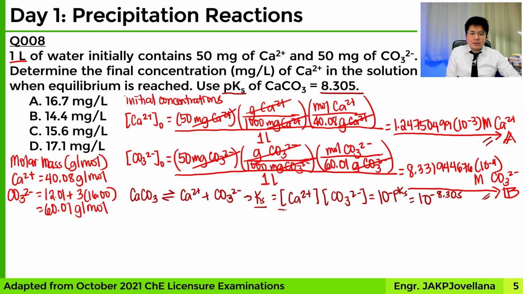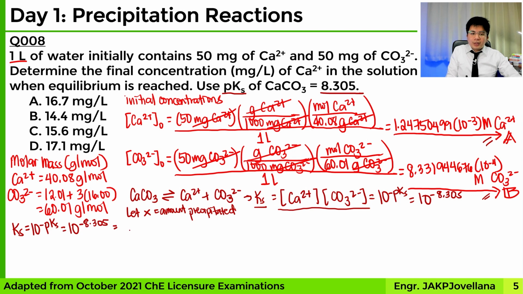We have calculated the initial concentrations of Ca2+ and CO3 2-. But in this expression, what we need are the equilibrium concentrations, which is obtained by subtracting the amount of calcium and carbonate that precipitates in this reaction. So we can let X as the amount precipitated per species. So we can calculate Ks, which is equal to 10 raised to negative pKs, which is equal to, for this problem, 10 raised to minus 8.305.